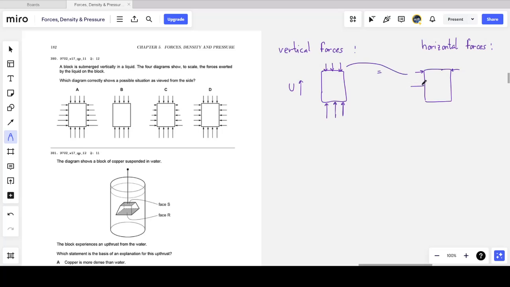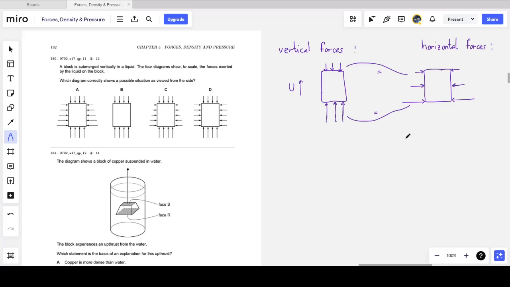And as we go further down, the inward pressure that causes the forces is larger, and so the inward forces are larger. And the size of the arrows at the bottom, since they are acting at the same point, is the same as the size of the arrows pointing inward horizontally.